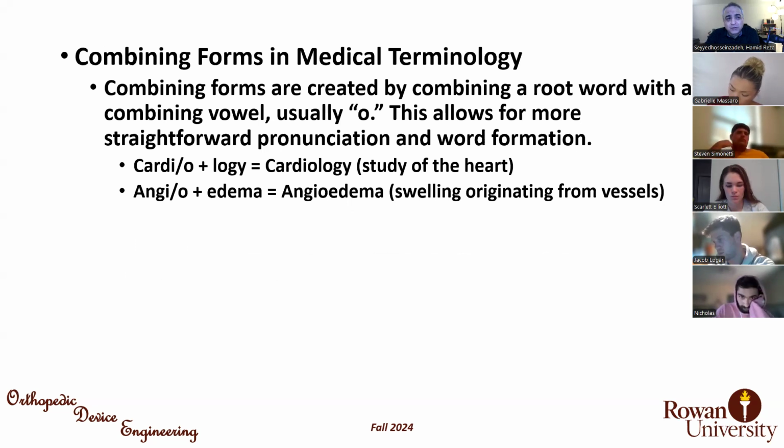So when we want to combine them, we don't say cardilogy, we say cardiology. We add an O between them. Or angi means vessel, edema means swelling. We don't say angiedema, we say angioedema. So we add an O between them. This O is a connecting letter.